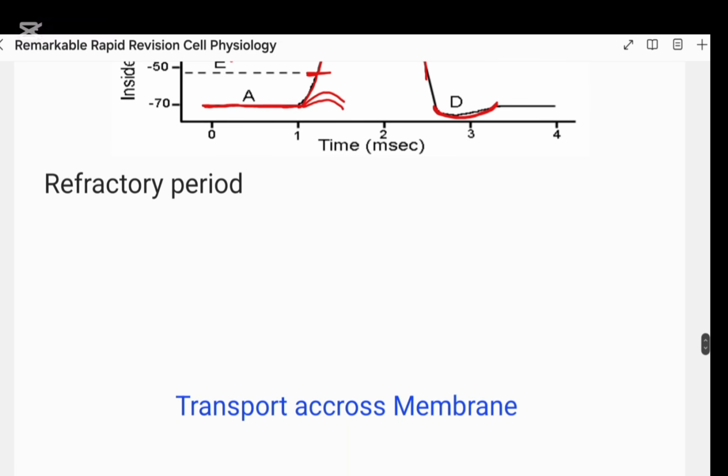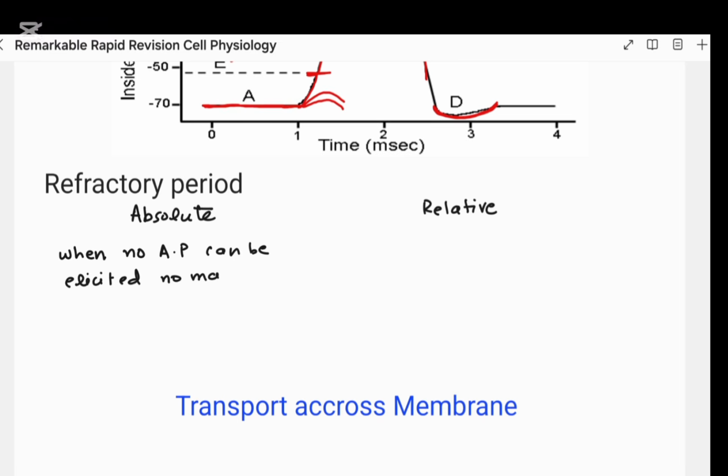Now we'll talk about the refractory period, which is important from the exam point of view. There can be an absolute refractory period or a relative refractory period. Absolute refractory period means that no action potential can be elicited no matter how large the stimulus is.